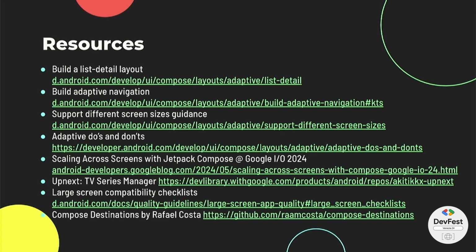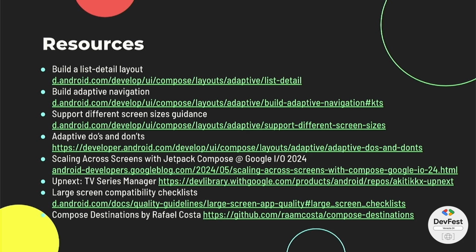So in terms of resources, if you want to build a list detail pane layout, this is the documentation on the developers.android.com website. If you want to build adaptive navigation, that's the information there. Then supporting different screen sizes. So there's Material Design guidance there that will help you know how to design for the different window size classes.